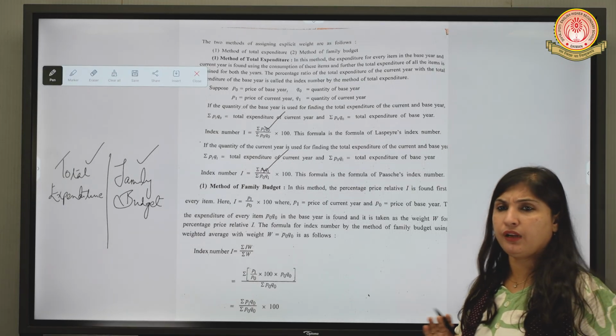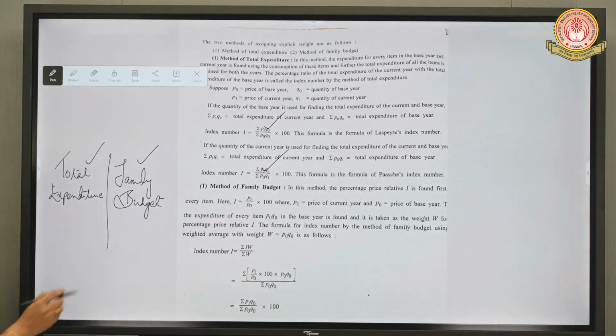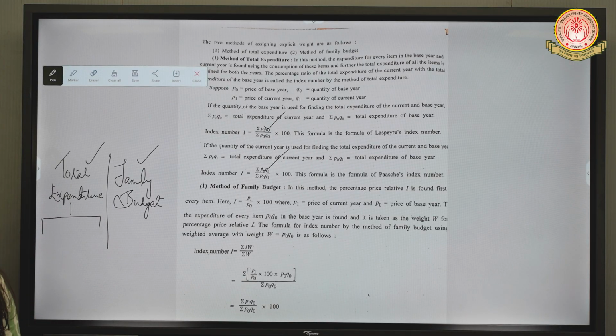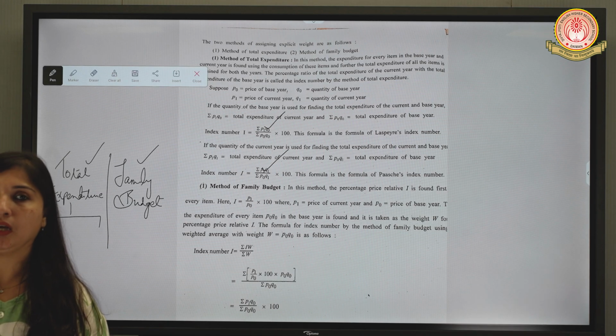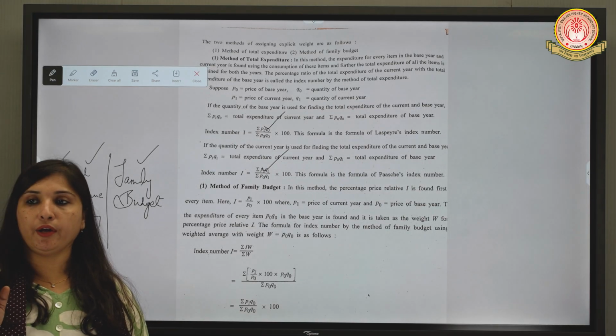Now, a very simple trick to recognize which formula to use is, you have to see in the question. If the quantity of the base year, that is Q0, is given, then you have to use the formula of Laspeyres. Is that clear to everyone?